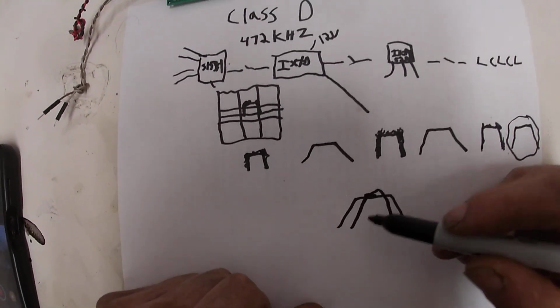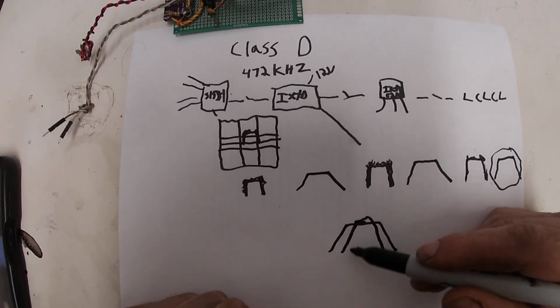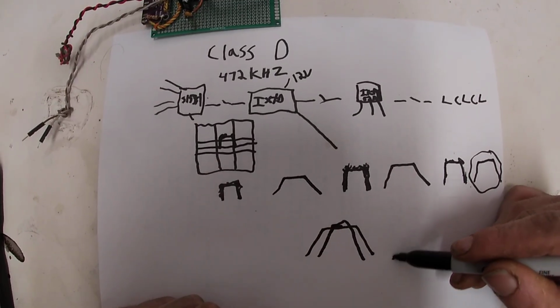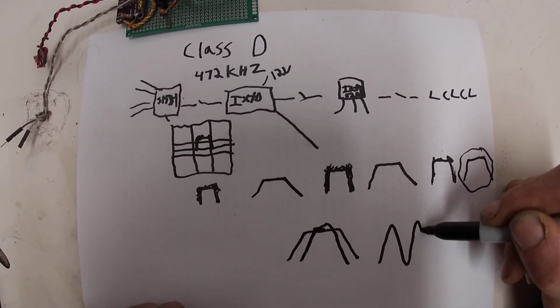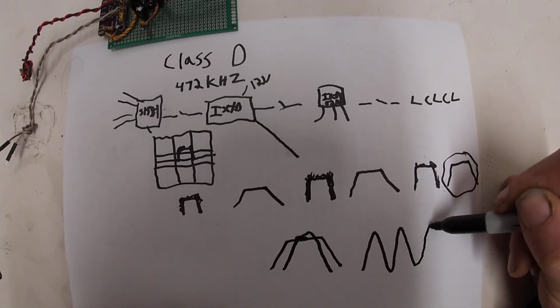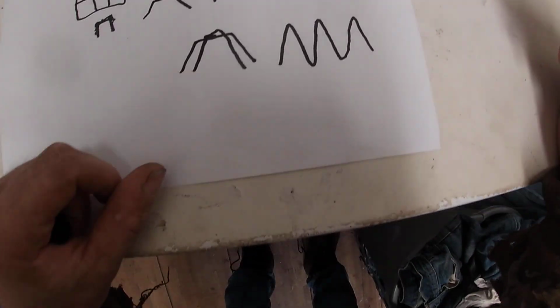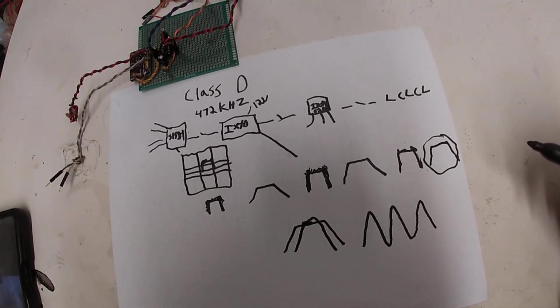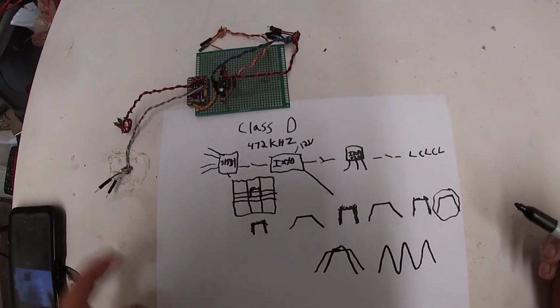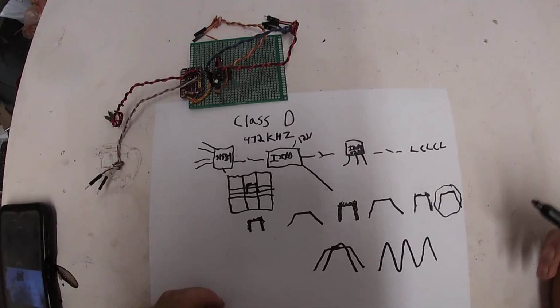My illustration is poor. But if you notice that if you put a few of these together, you have at least a semi-sinusoidal wave. So that's the basic topology of this whole thing.